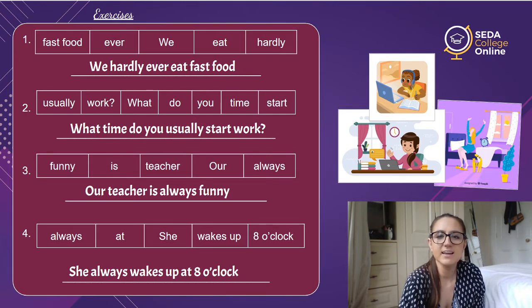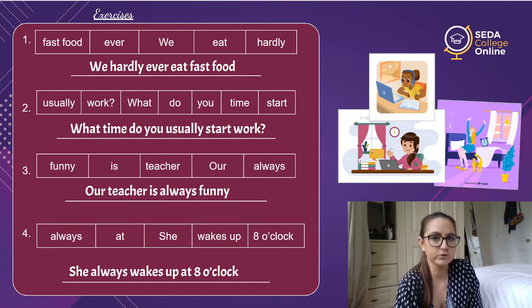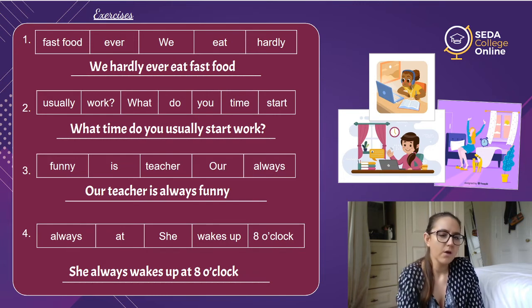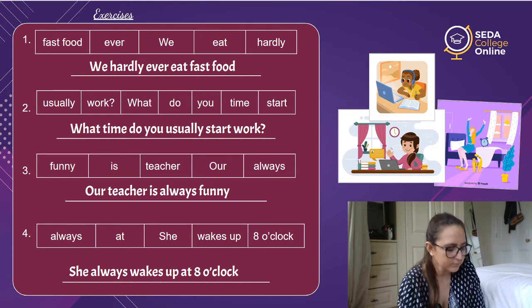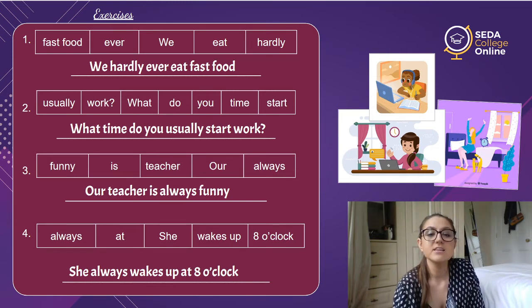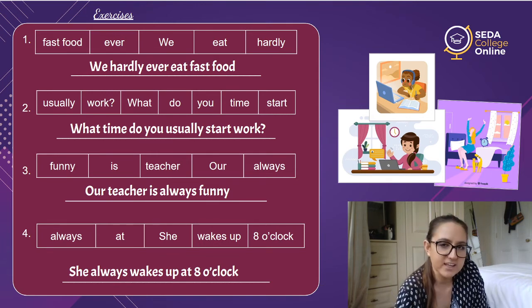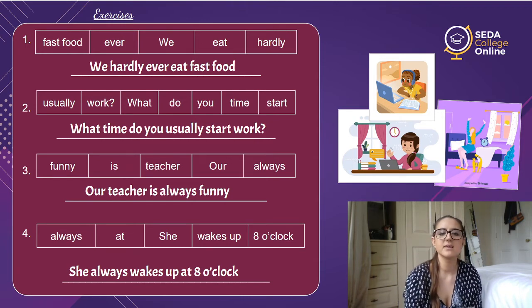We hardly ever eat fast food. You can repeat after me if you want to. We hardly ever eat fast food. What time do you usually start work? Our teacher is always funny. Number 4. She always wakes up at 8 o'clock.